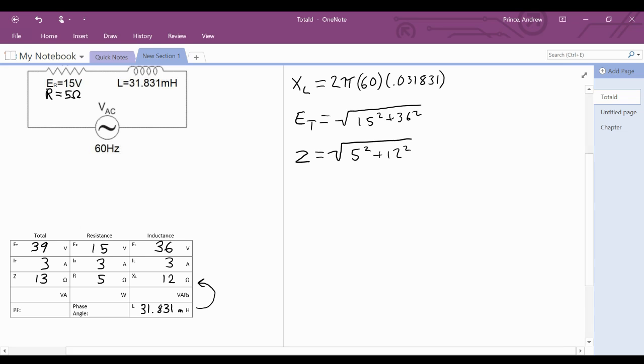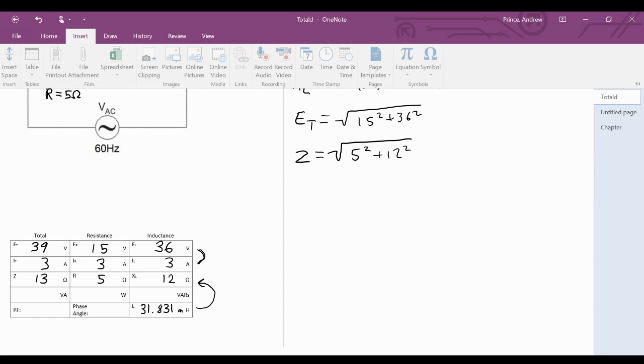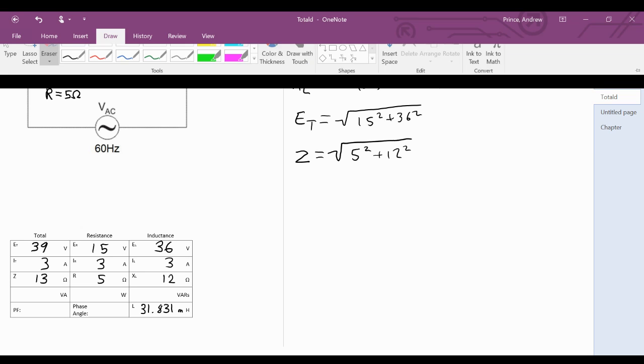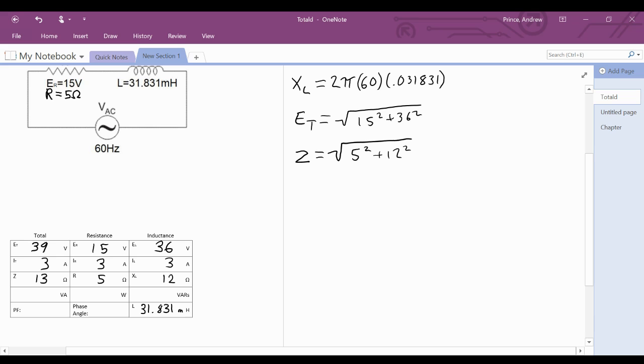Now I have all my power categories down here. So I have true power, apparent power, and reactive power. Volt amps, watts, and vars. Now the easiest one for me to input is, I'll go ahead and take the volts and the amps. So the volts and the amps, if I multiply the voltage and the current, that'll go ahead and give me my vars, my watts, and my voltamps in each category.